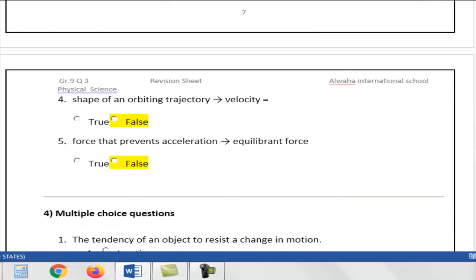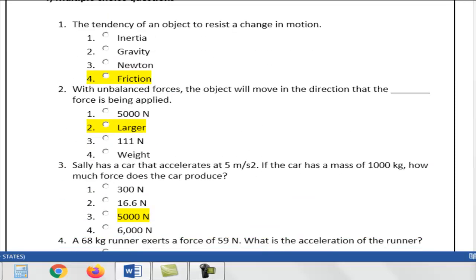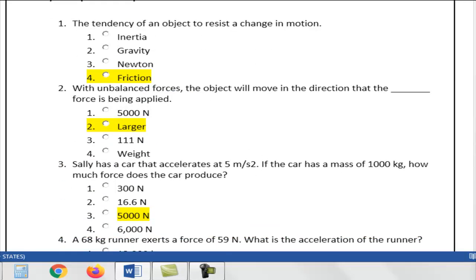Number 4, for shape of an orbiting trajectory, its velocity. No, it will be false. Force that prevent acceleration, equilibrium force. No, it will be false. So number 4, the tendency of an object to resist a change in motion, it will be, yeah, friction force.